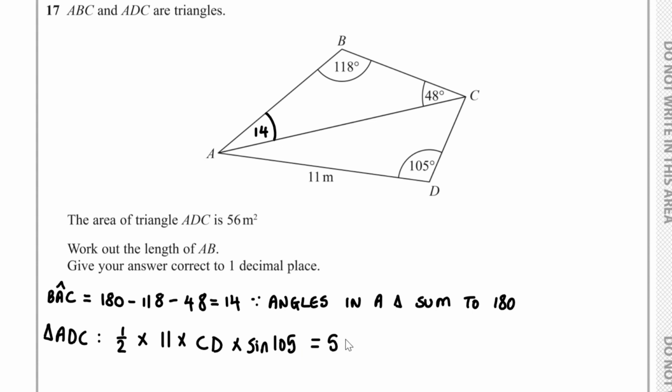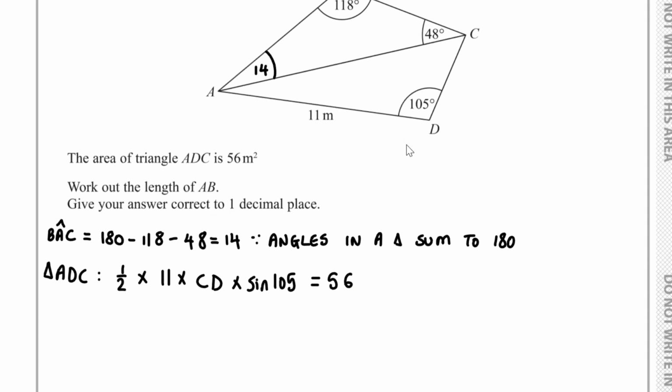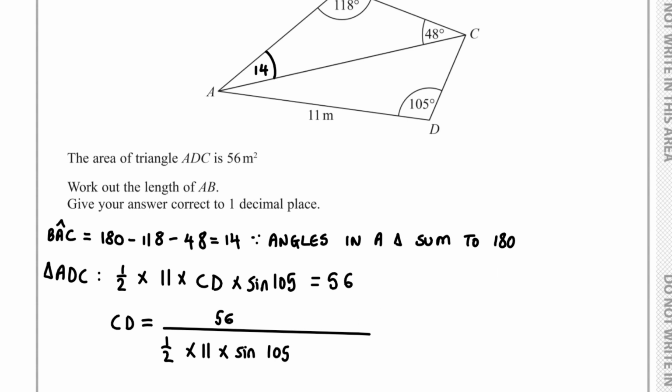This is equal to 56, and if we find out what CD is, this can help us a bit more. So if we find out what CD is, on the bottom we've got 1/2 times 11 times sine of 105, and on the top we've got 56.